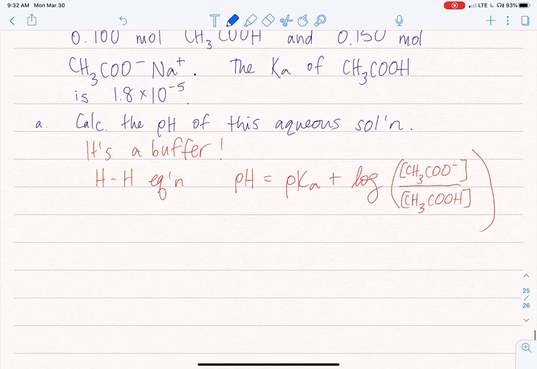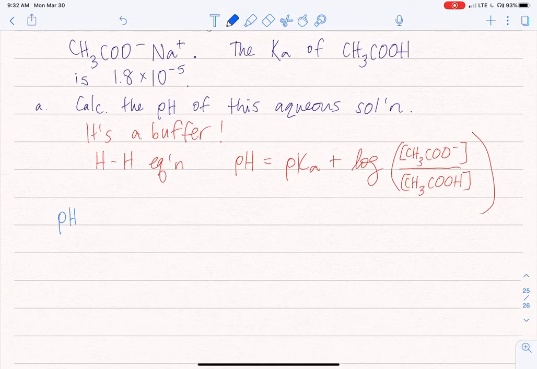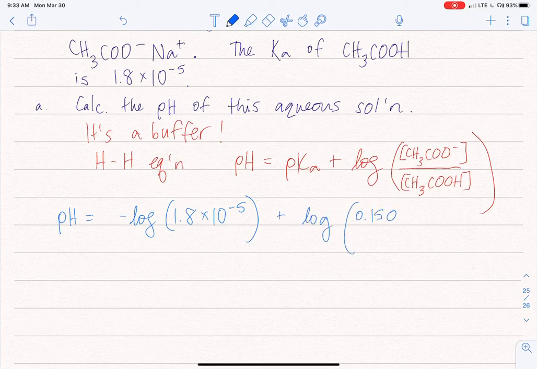The pH of this buffer solution is going to be equal to the pKa, which is the negative log of 1.8 times 10 to the minus 5, plus the log of the concentration of base, which is 0.150 molar, over the concentration of acid, which is 0.1 molar. This is equal to, that pKa comes out to 4.74 plus 0.18.